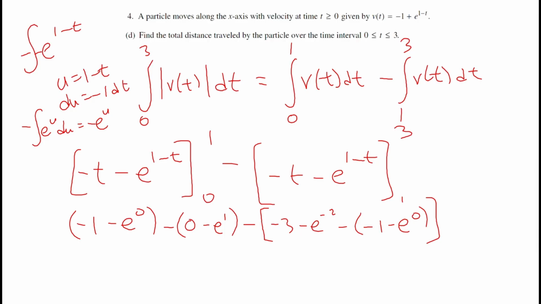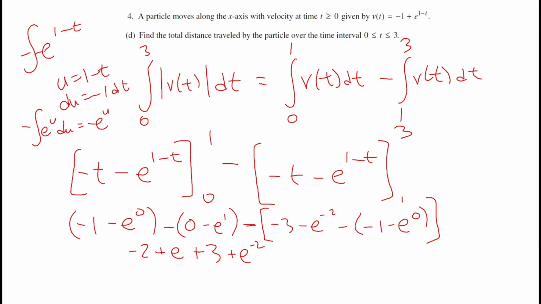First of all, we got negative 1 minus e^0. So that's negative 1 minus 1, that's negative 2. Minus a minus e is going to be plus e. So we've got negative 2 plus e. And on this side, we have a minus 3, so we'll just put that, we have plus 3. And we have minus a minus e^(-2), so that'll be a plus e^(-2).